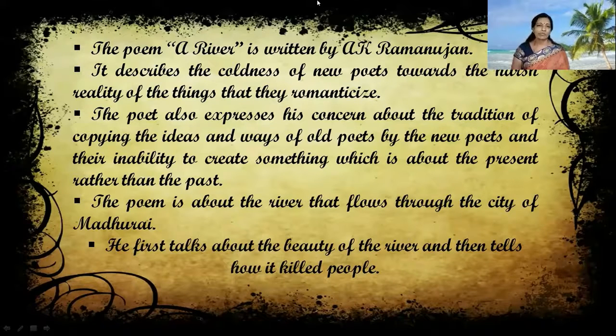In the beginning of the poem, the poet describes the beauty of the river, but then goes on to show how the river has killed many people and brought a lot of destruction. So, he shows both the aspects of the river, the beauty as well as its destructive ability.